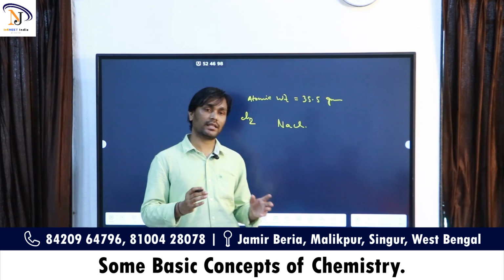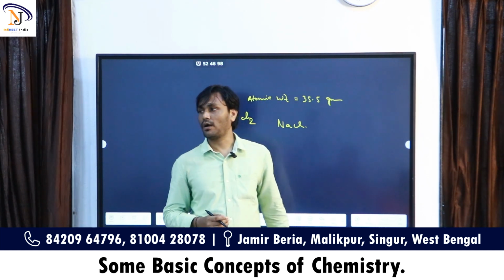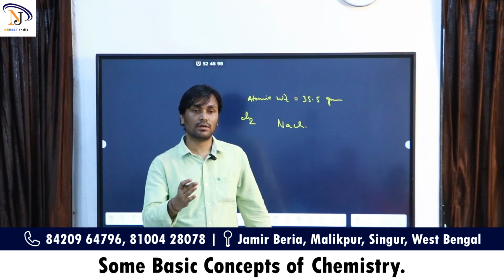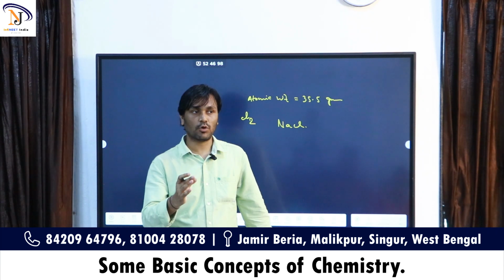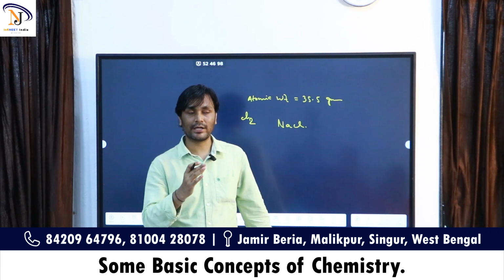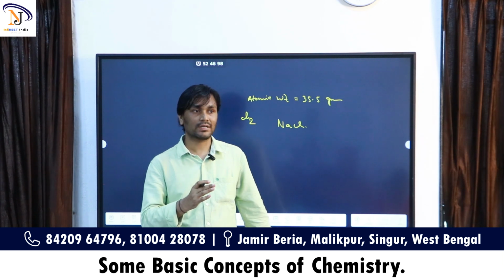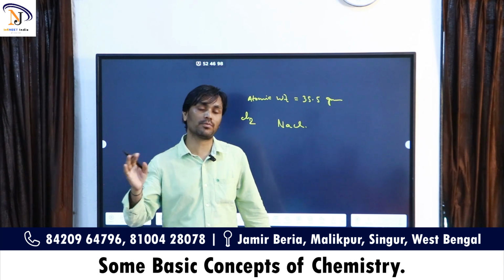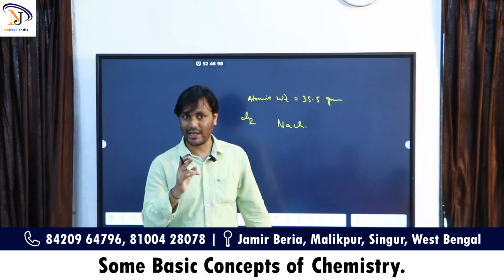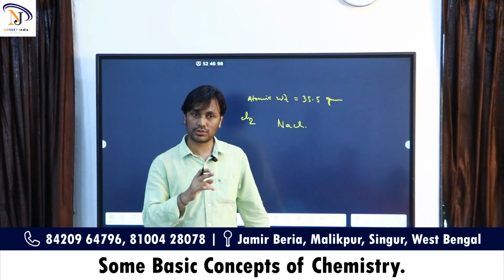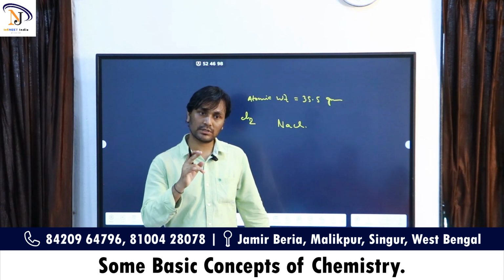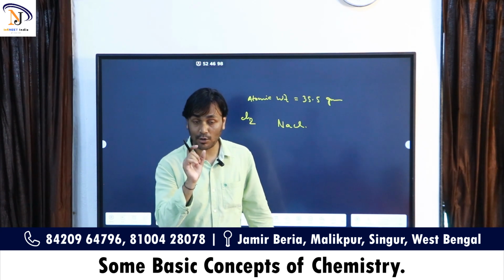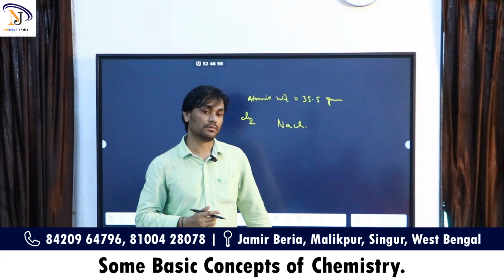It can be expressed in another way, in terms of hydrogen: the number of hydrogen atoms attached, or the number of hydrogen atoms which can be replaced from the molecule. This number of hydrogen atoms is the valency.